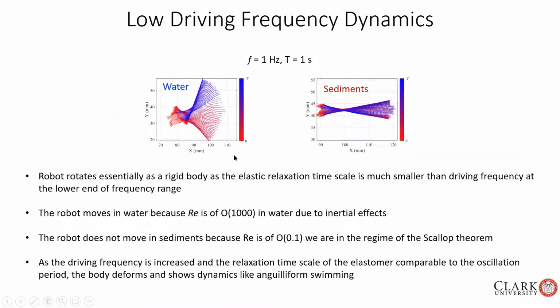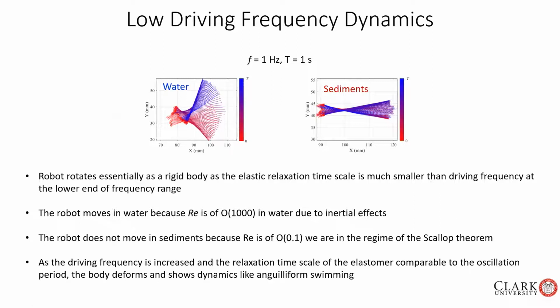One very interesting phenomenon that we also notice is that at low driving frequency, namely 1 Hz, the robot essentially rotates as a rigid body, as the elastic relaxation time scale is much smaller than the driving period.